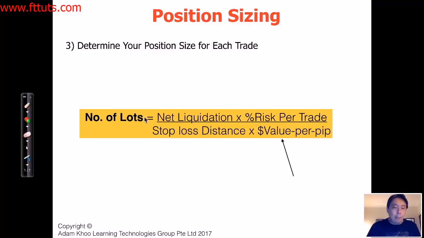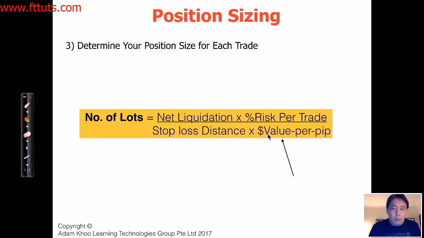The number of lots to trade equals your net liquidation or your current capital multiplied by your risk per trade, which is 1%, 2%, 3%, divided by your stop loss distance multiplied by your dollar value per pip, per standard contract.